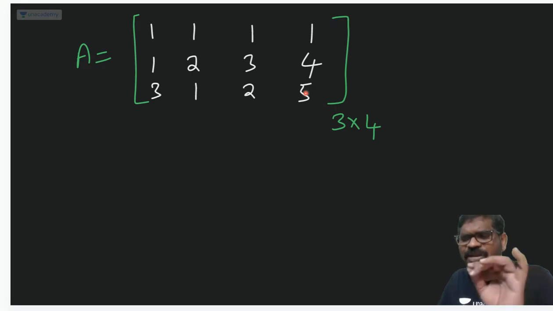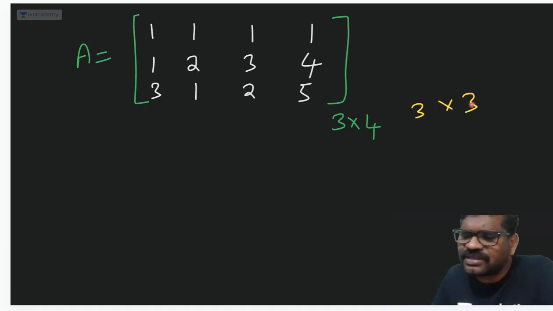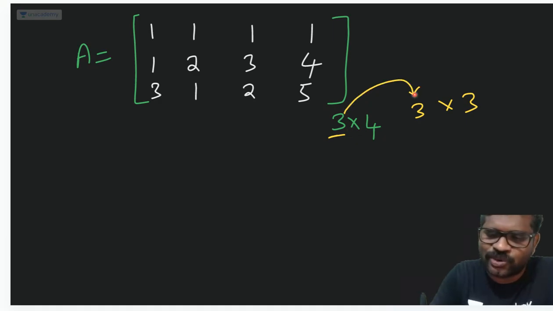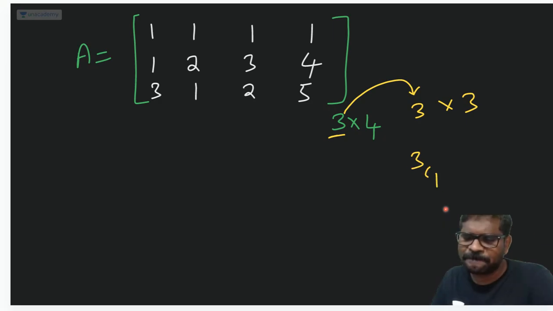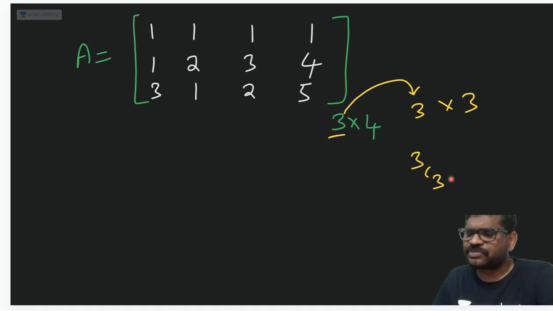Simple logic. You require 3 cross 3, meaning 3 rows, 3 columns. How many rows are available? 3 rows. From 3 rows, you have to select 3 rows. How many ways? 3C3.